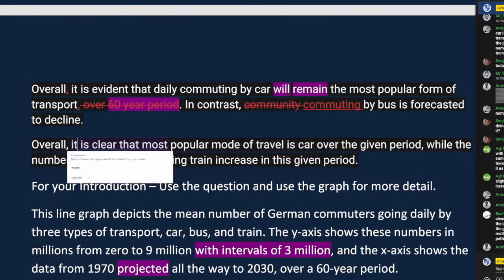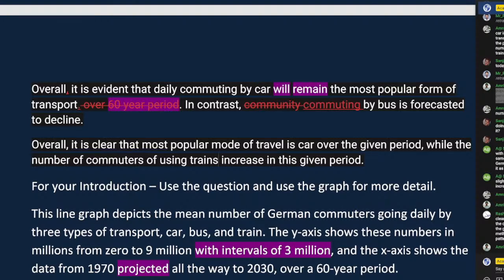Here we go. Amrit writes, overall, it is clear that the most popular mode of travel is car over the given period, while the number of commuters using trains increases in this given period. Okay, Amrit, quick feedback on that. You've got an awkward connection here.